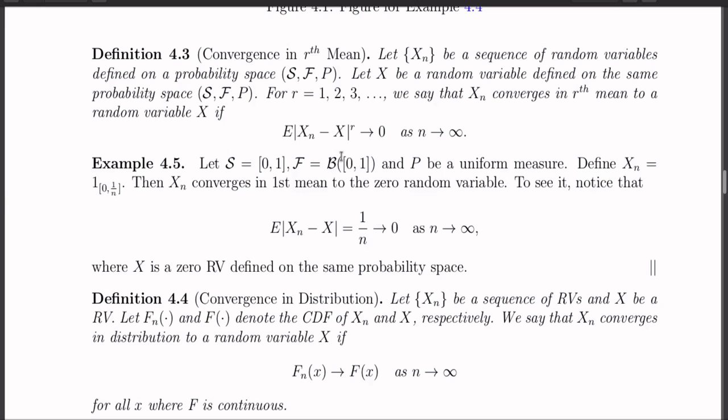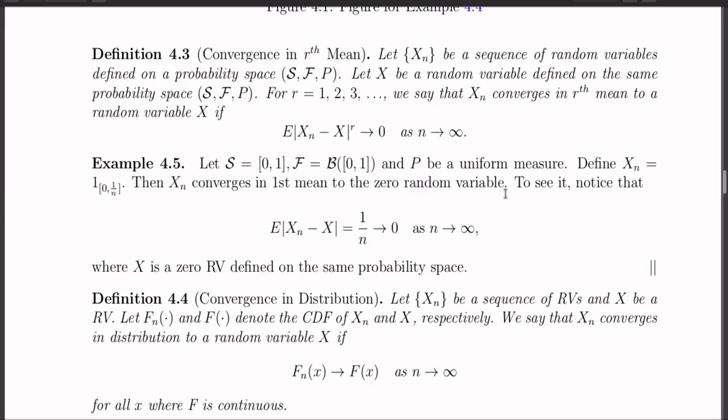If I want to check whether Xn converges to X in Rth mean or not, we are basically going to take R equals 1, but other R will work in a similar fashion. We want to check whether Xn converges in first mean to 0 or not.